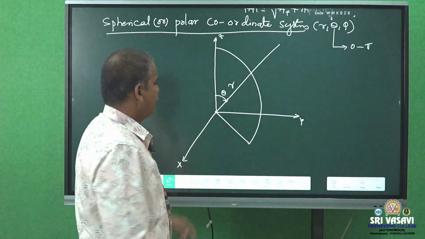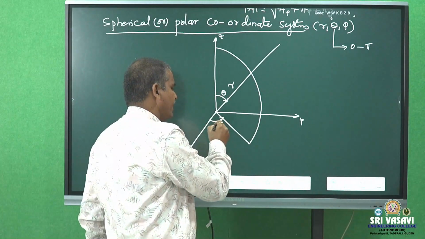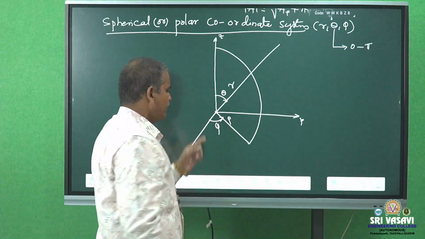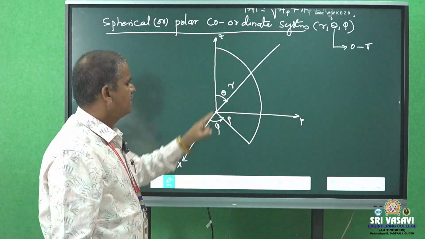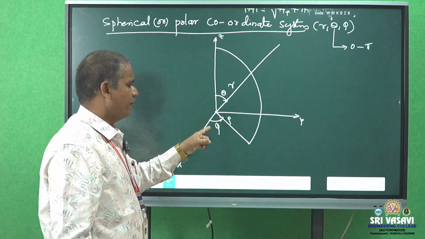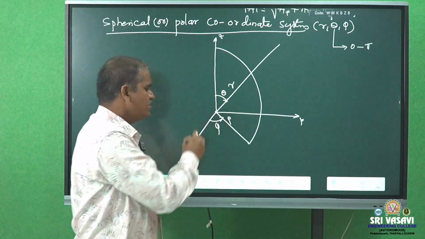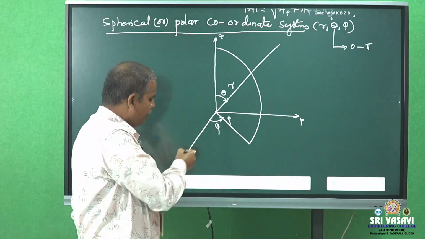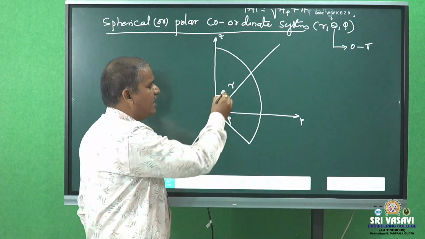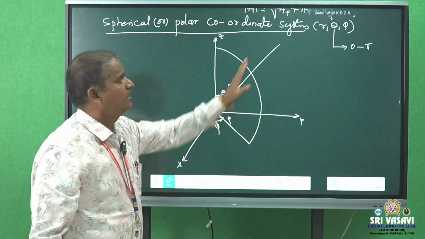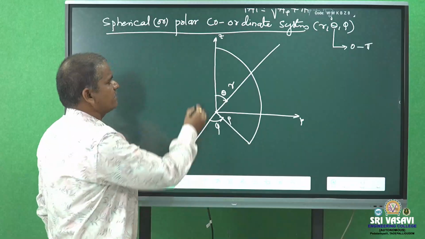Then phi; this is phi. Phi is already mentioned in the previous circular coordinate system. The variables are r, theta, phi. Why did we mention rho? Because phi makes an angle from the x axis to rho. Actually, r, theta, phi are the variables of the polar coordinate system.